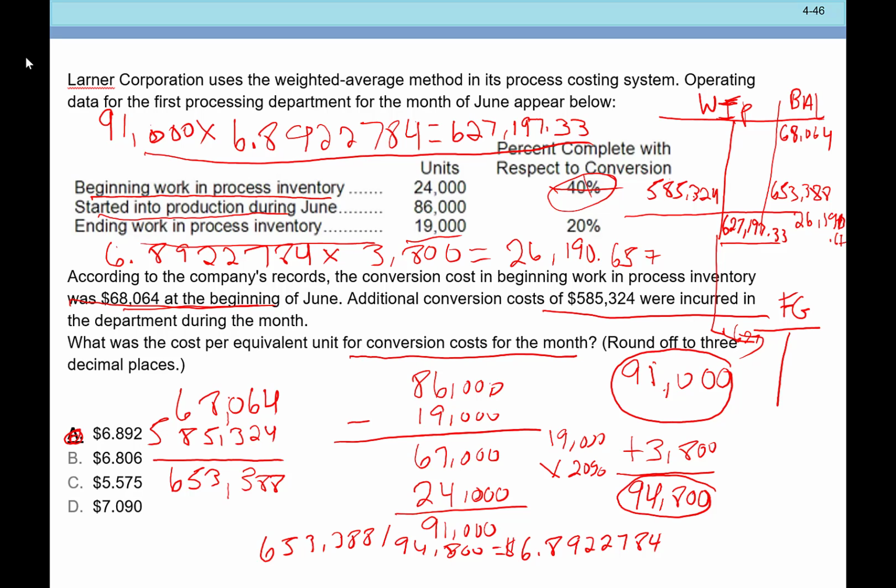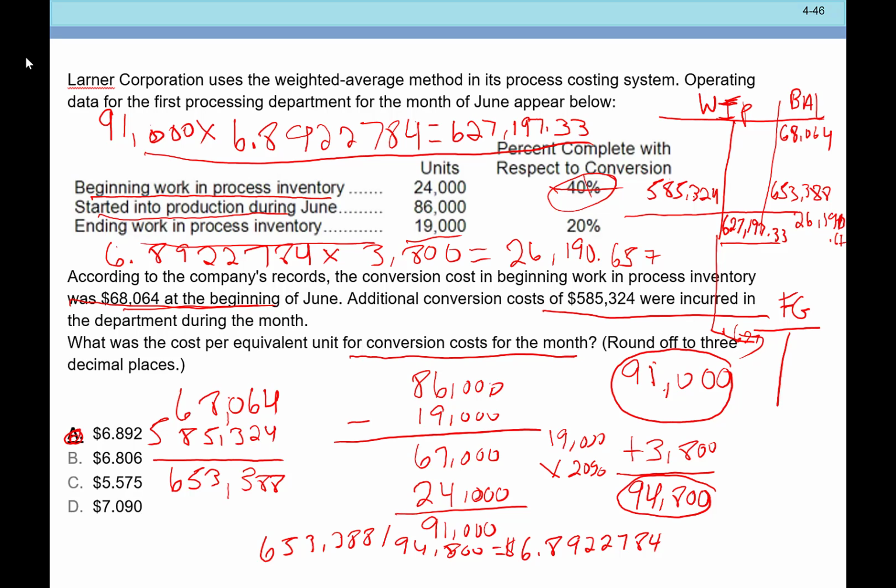So again, as we saw in those other ones, units started minus the ending inventory gives me units started and completed. Then I add in the beginning inventory to get the units completed this period, because I give myself credit for everything, assuming it was all done this period. So that gives me the 91,000.